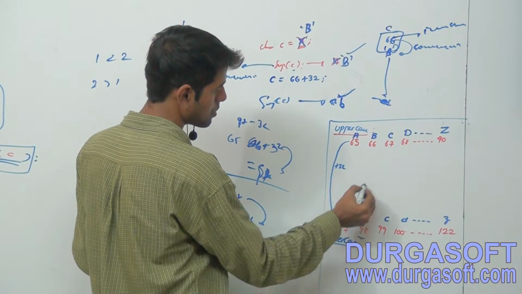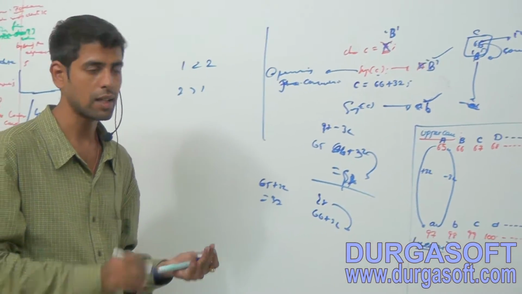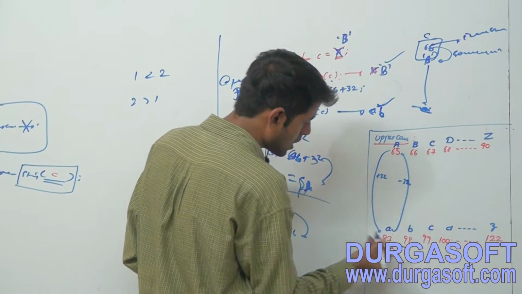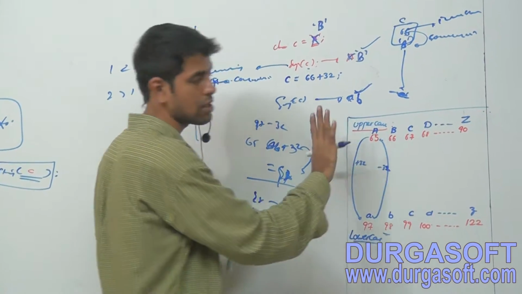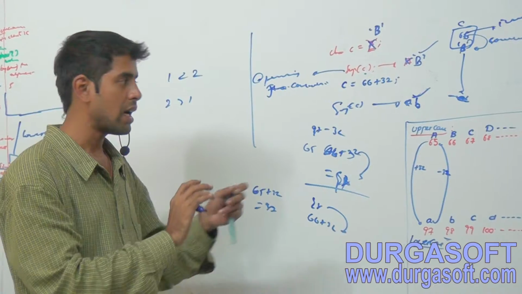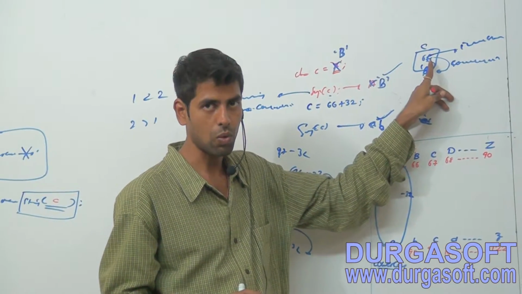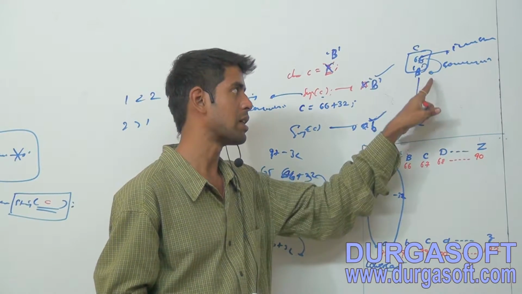If I want to go from small a to capital A, put minus 32. That's it. Minus 32 means I am just traversing in the reverse direction 32 units to achieve this 65 value. And internally the JVM will store int values only. At the time of printing, it will do conversion.